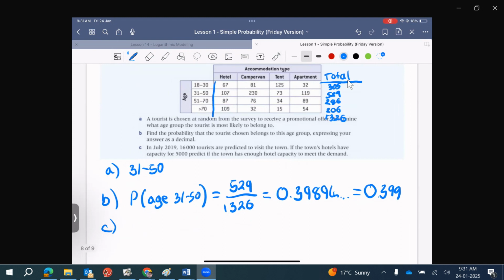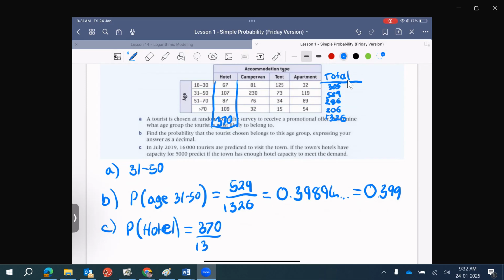So we need to add this column up as well. Here. We're going to need 67 plus 107 plus 87 plus 109. So this is 370.